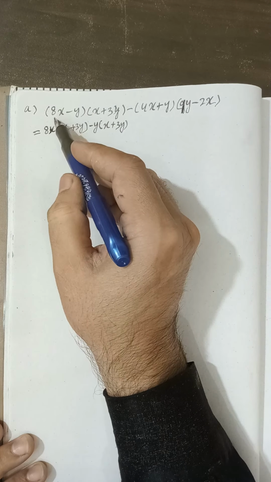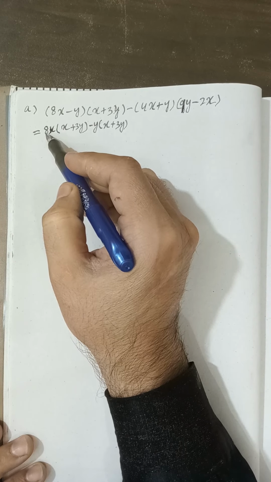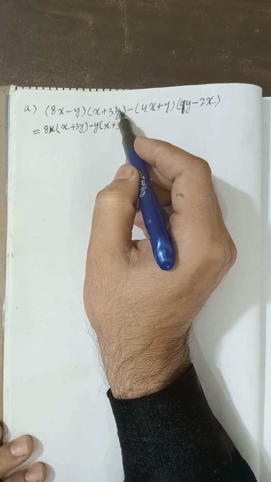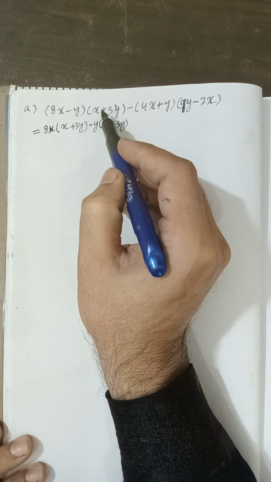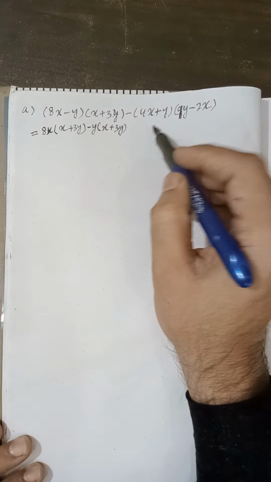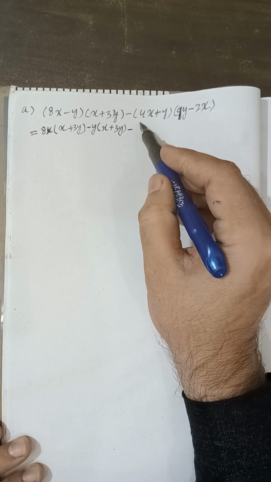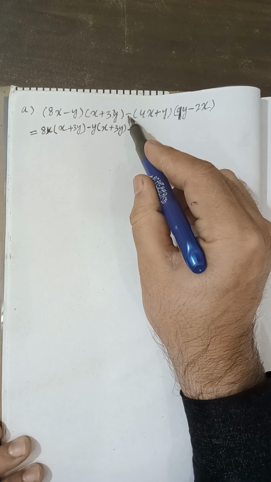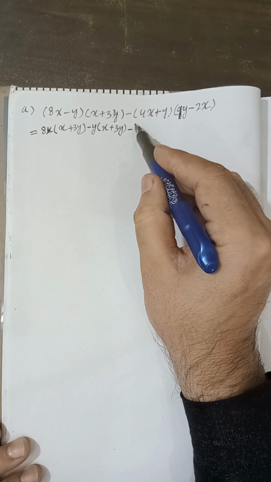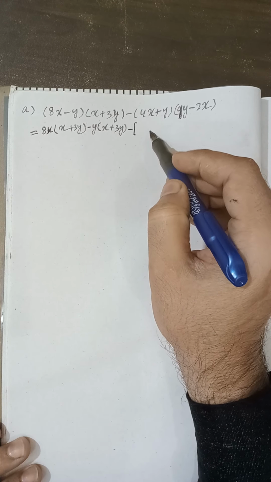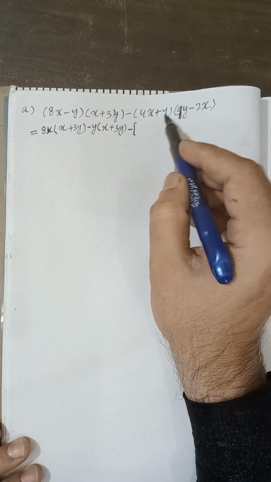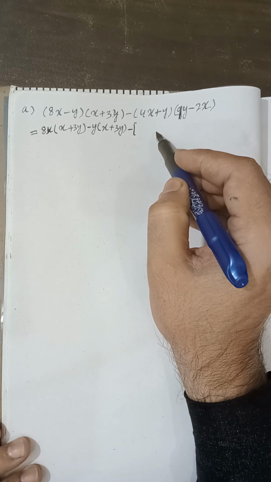Remember that always you will split the first term as it is 8x and minus y, and you will place same term in the bracket here and also this term in the bracket here, so that you can completely multiply it without any mistake. This is the best method of multiplication, as it is minus sign and I have to multiply two terms, so you should use a square bracket so that there is no chances of mistake after multiplication because of this minus sign.